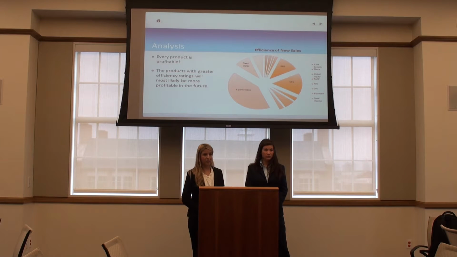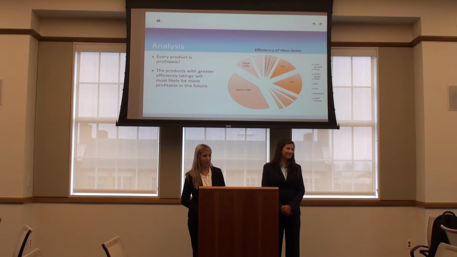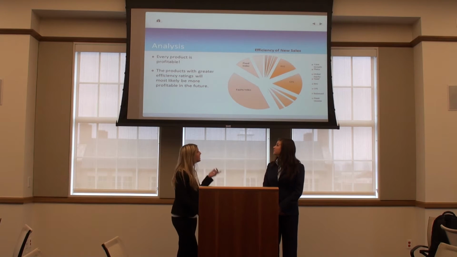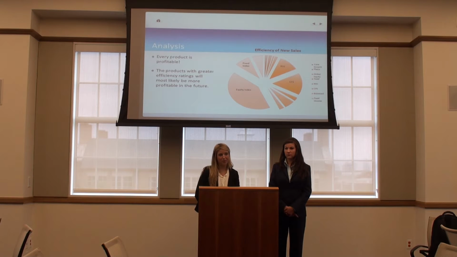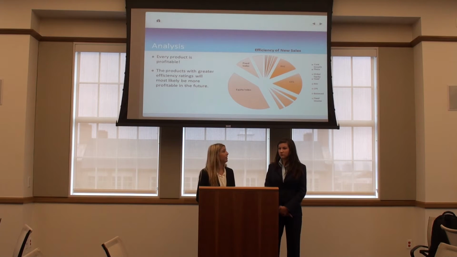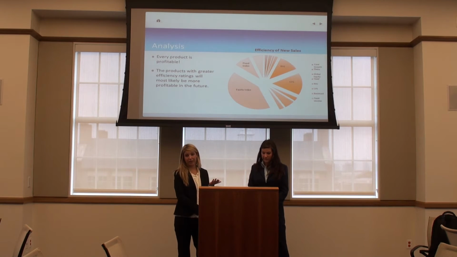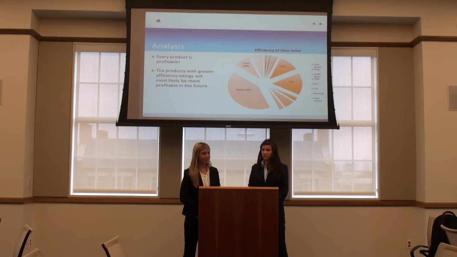Basically, the efficiency ratio tells us how much Capstone spends in order to make $1. If you look at this graph, the pie chart represents all the energy that Capstone puts into new product sales, and we are recommending that they put the majority of their energy into the products with the highest efficiency ratios.